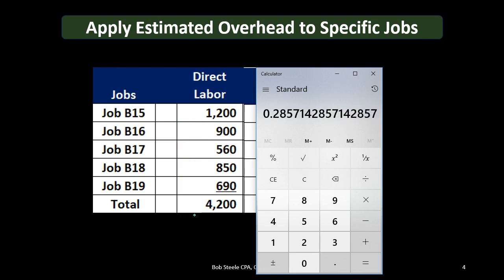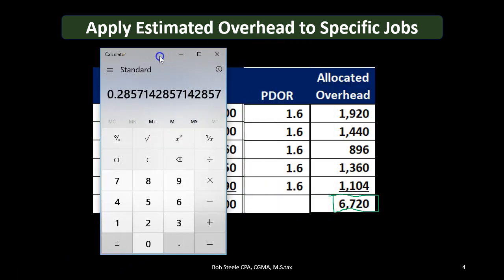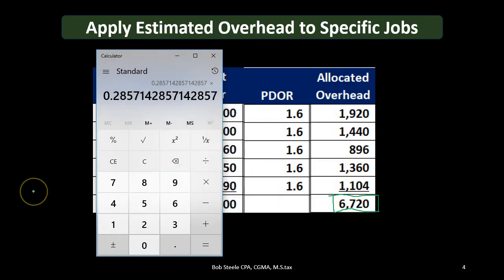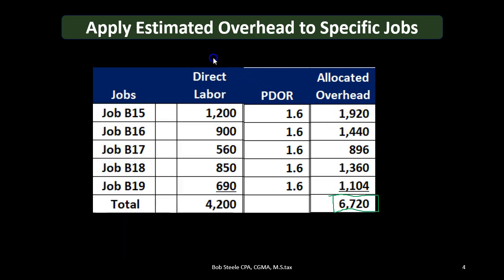It's that percentage. If we take that percentage times the overhead, we would take this times the 6,720, this number here, that's going to give us the 1,920. So we're just using the relative ratios in essence here.